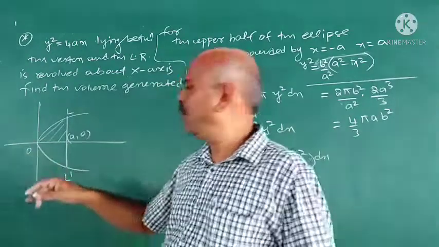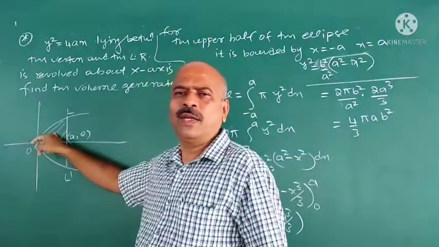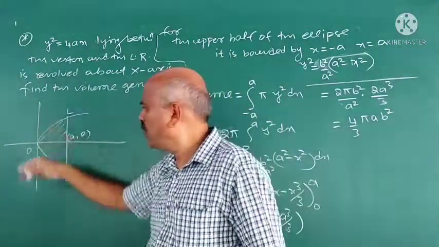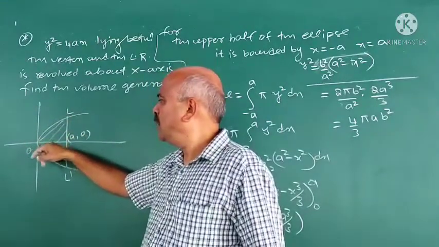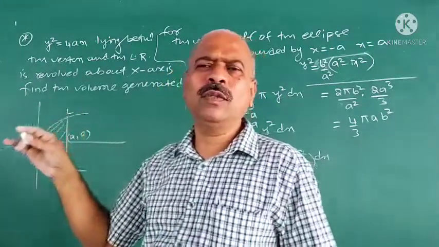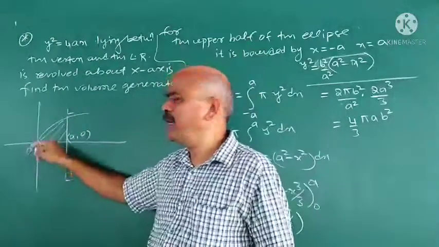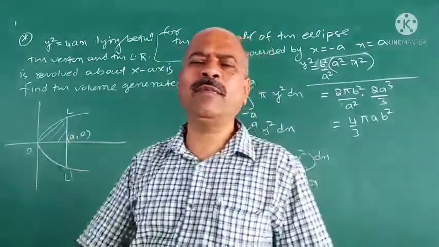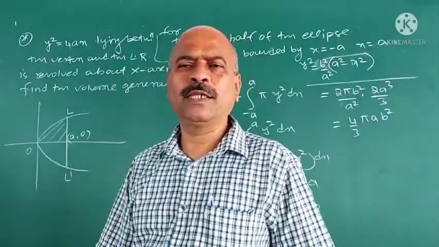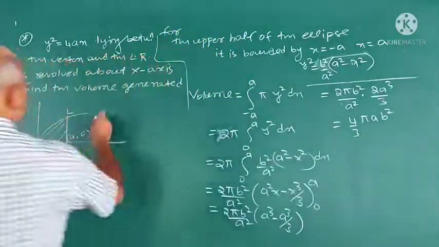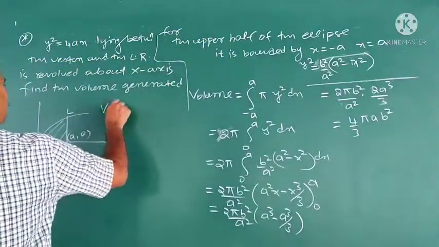While finding area we take 2 into this area, but if we revolve only the upper half or the complete area, you will get the same solid. Understand this.